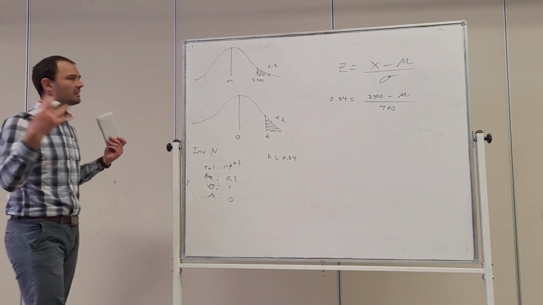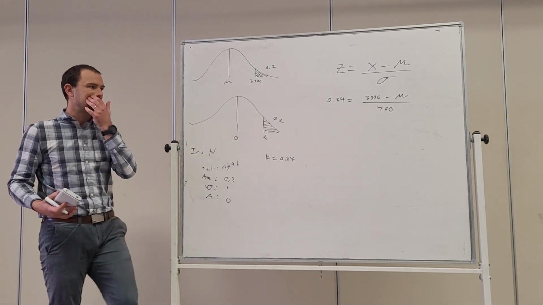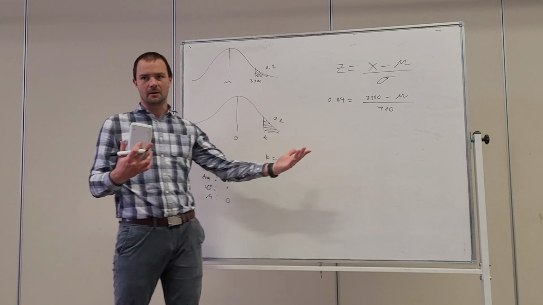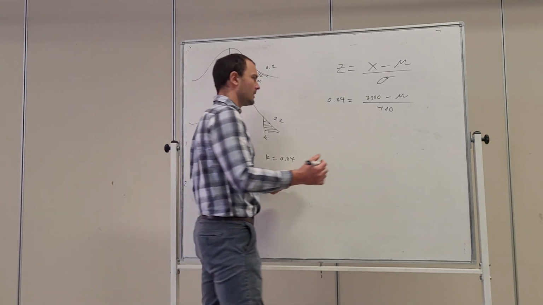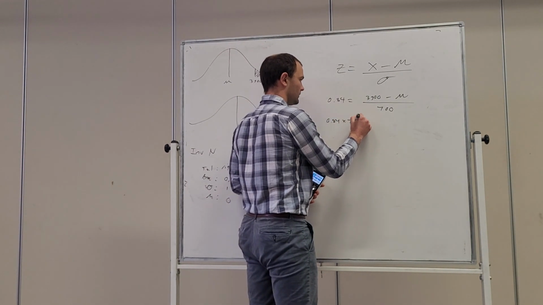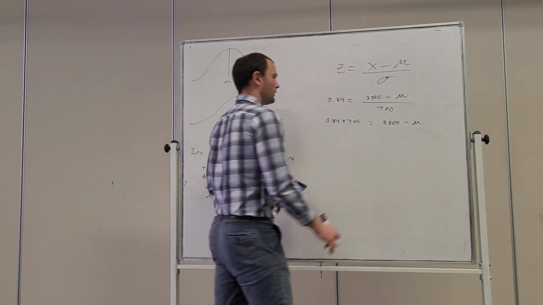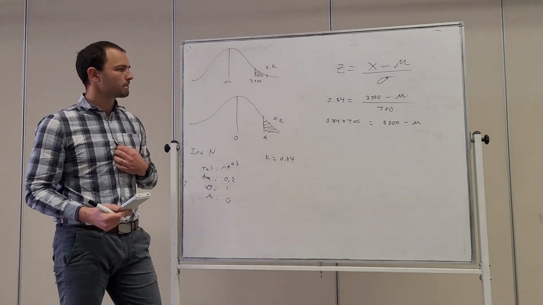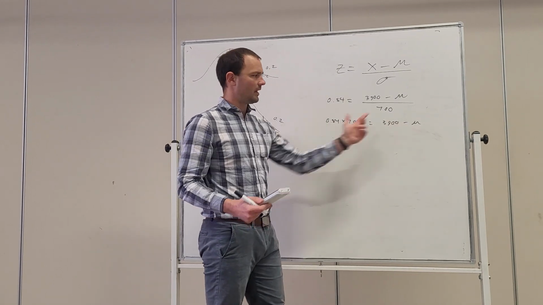Okay, now we can see the link between the two distributions. We can see why we did that. We're trying to get the mean by itself. So how are we going to do that? We'll multiply both sides by 700. And then I'm going to move the mean over this side and that number over that side.